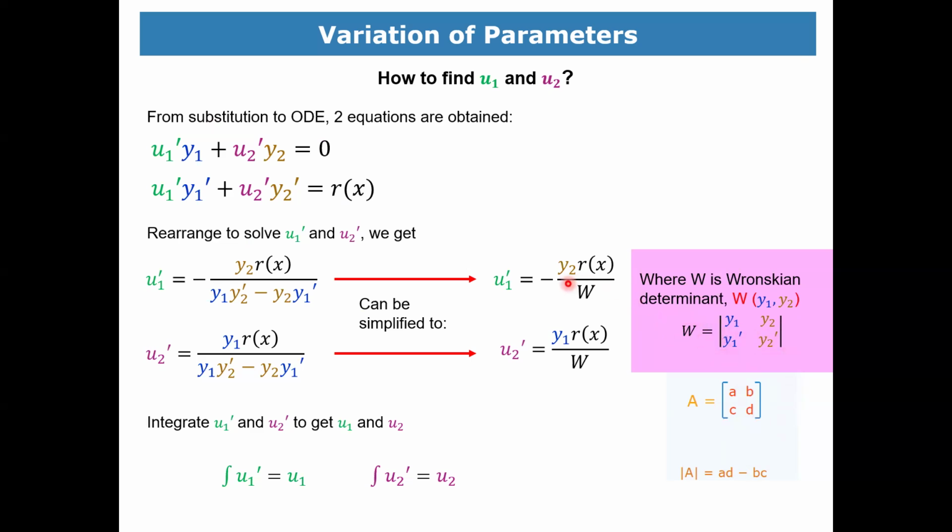So to get u1 prime and u2 prime, we have to find the determinant of W, which can be found by this formula, AD minus BC. After getting the value of W, you can substitute here and find u1 prime and u2 prime. Since the equation of yp is not in terms of prime, it's u1 and u2, you have to integrate u1 prime and u2 prime to get u1 and u2.